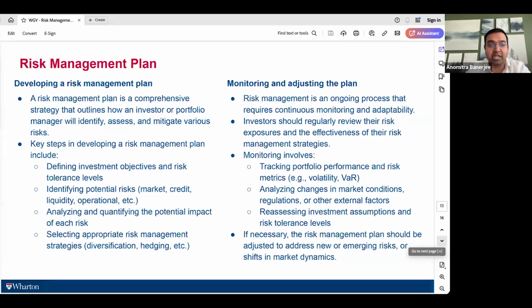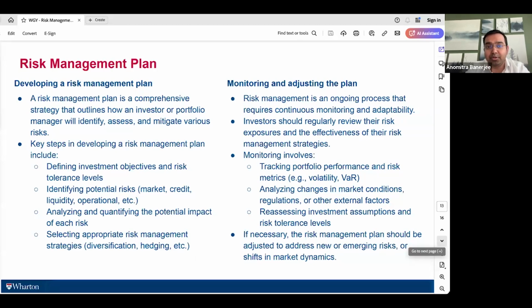What are your risk tolerance levels? What are your potential risks? For example, when you're buying something, think about what's the market risk on this, what's the credit risk, what's the liquidity risk, what's the operational risk. Then analyze and quantify the potential impact of each risk, and select appropriate risk management strategies, like the ones we spoke about, for whatever you're buying.